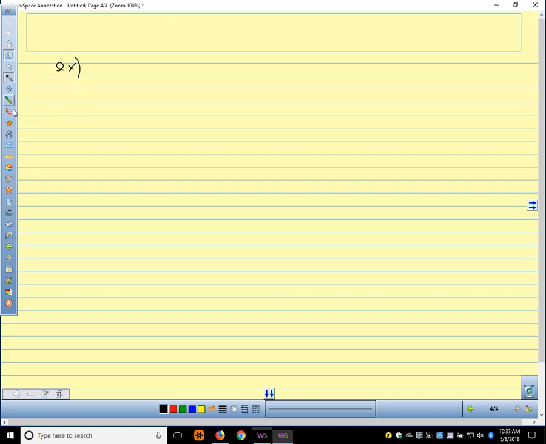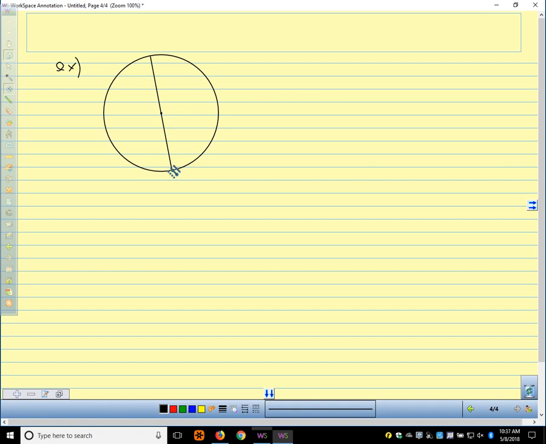This first one, I hope, is really easy. That's the center of the circle, and I'm going to call that 1, and we want to find the measure of angle 1.